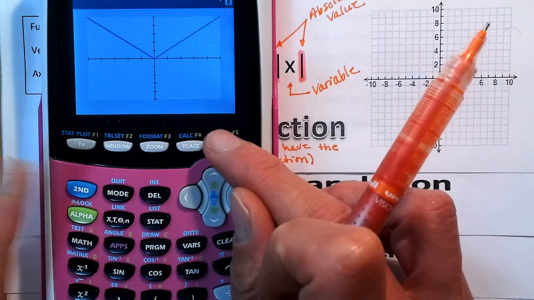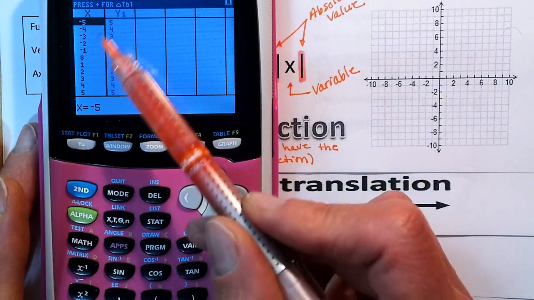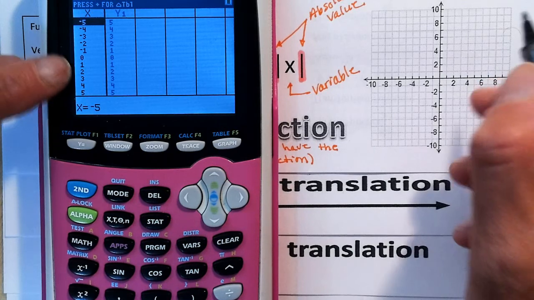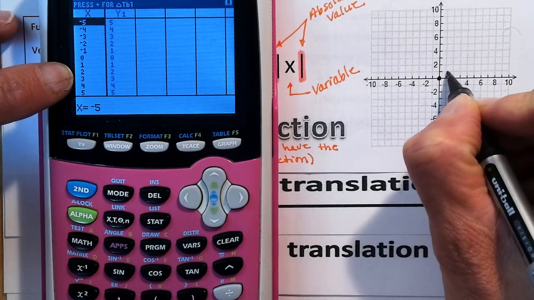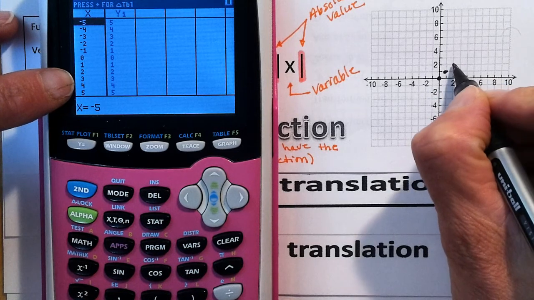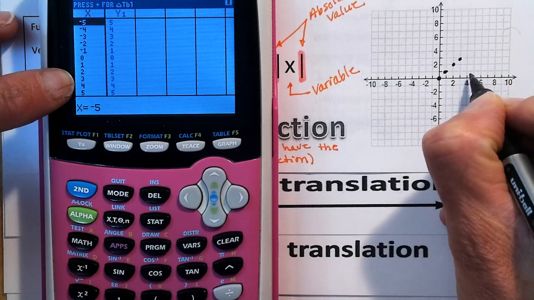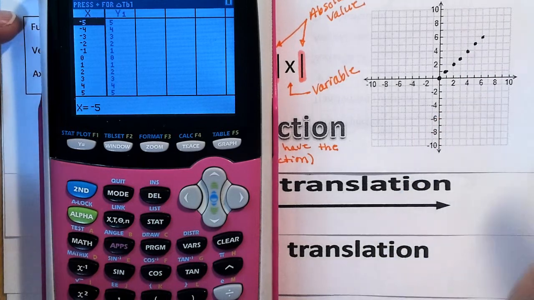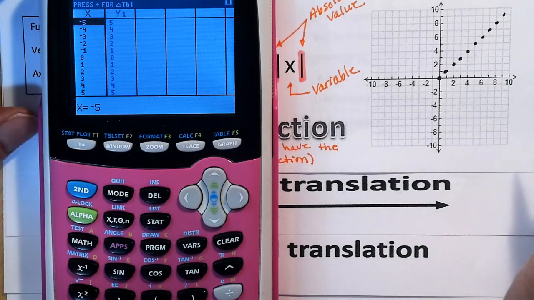So now I'm going to go to my table, and it's nicely balanced on both sides of that 0, which is kind of nice. I am going to start at 0, 0, and then I have 1, 1, 2, 2, 3, 3, 4, 4, 5, 5, 6, 6, and so forth upwards. So I'm just going to put those point values there.